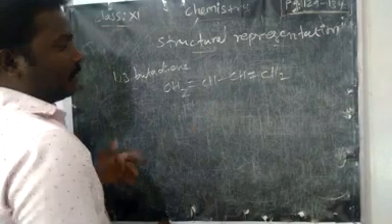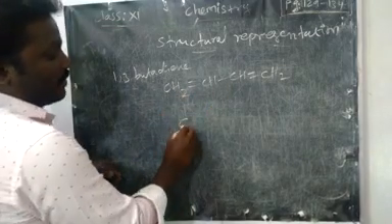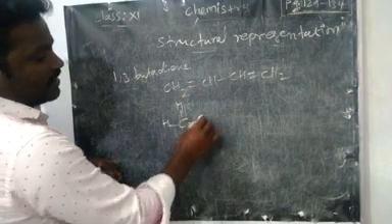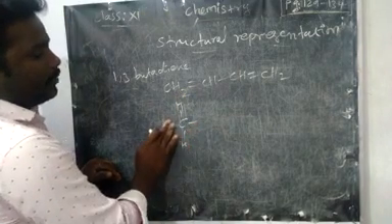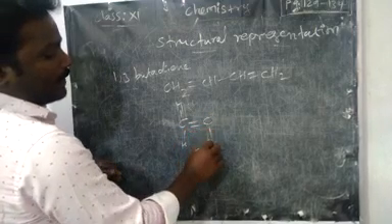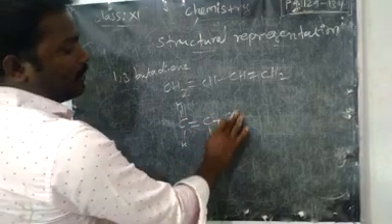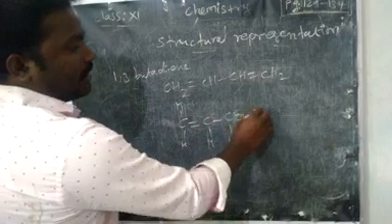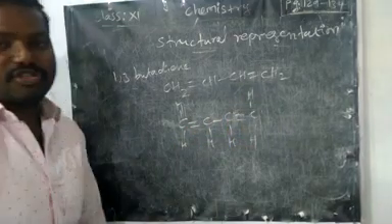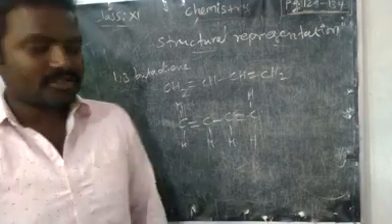Actually, I have written only the condensed structure. How do you write the dash line structure? See, here we have only 2 hydrogen, then double bond, 1 hydrogen, single bond, 1 hydrogen, double bond, 2 hydrogen. Okay, dash line structure.